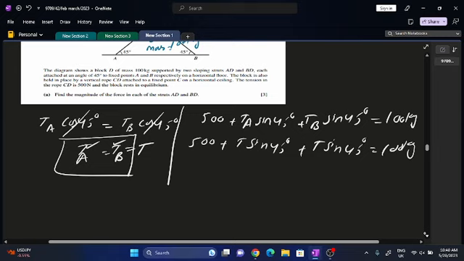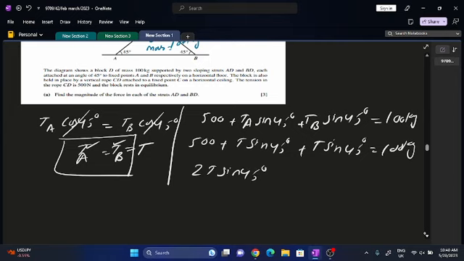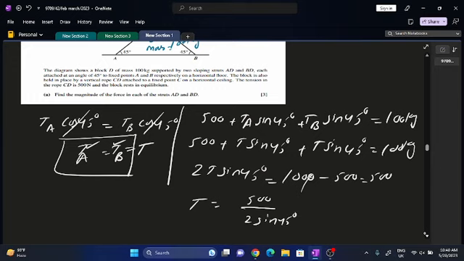Then you can say 2T sine of 45 degrees equals 1000 minus 500, which gives you 500. After that you can find T, calculated as 500 over 2 sine of 45 degrees.